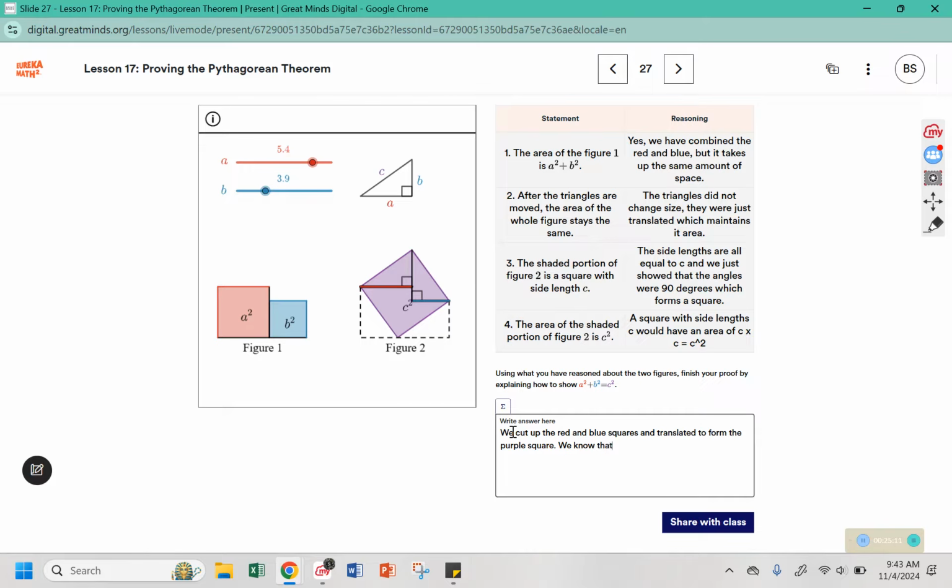We know that they are all squares by their side lengths and their angles. The area did not change from rigid motions. So the red and blue combined to make the purple area, which means a squared plus b squared is equal to c squared.